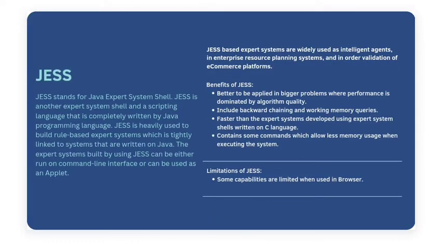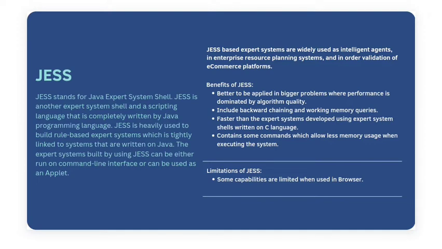JESS. JESS stands for Java Expert System Shell, and it is another expert system shell in a scripting language that is completely written in Java. It is also heavily used to build rule-based expert systems, which are tightly linked to systems that are written in Java.